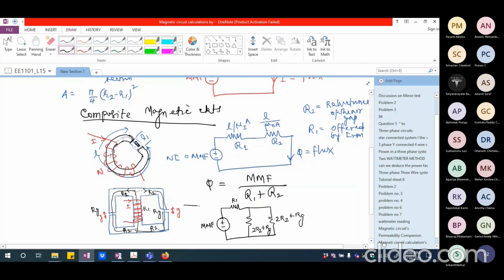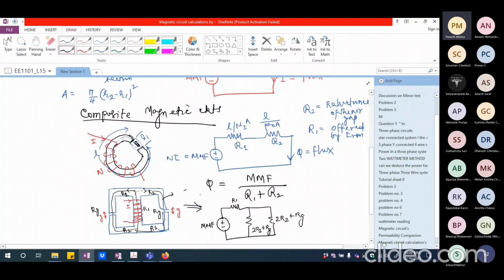So this will be roughly the magnetic circuit equivalence of this particular type of core. One thing I have to say is, because the permeability of iron is much higher, I'm going to have mu I much higher than mu naught.